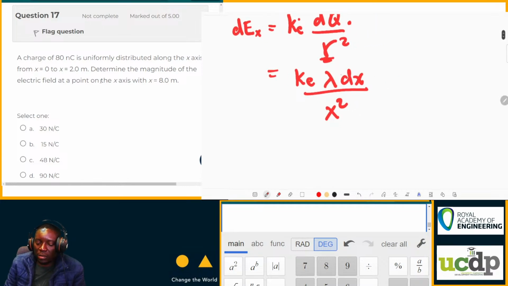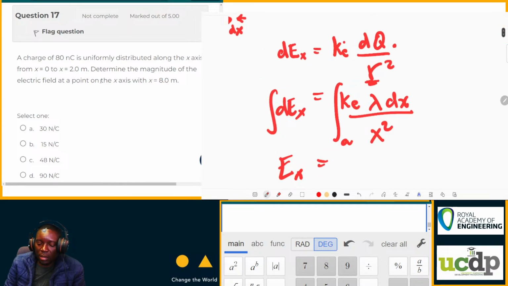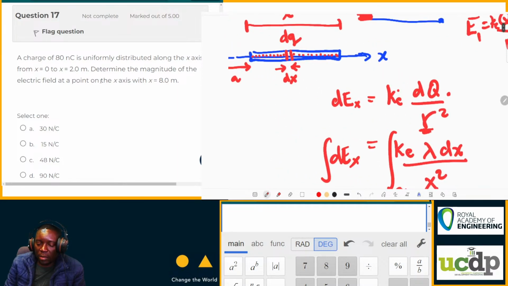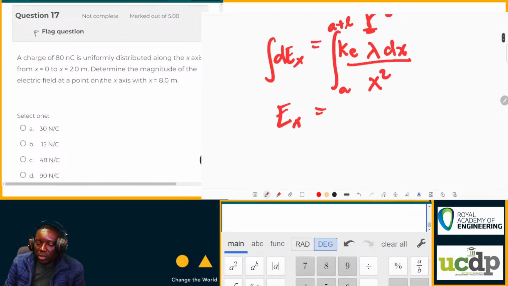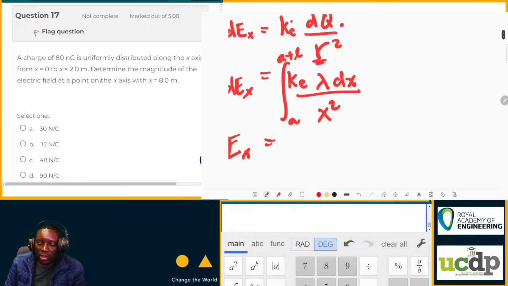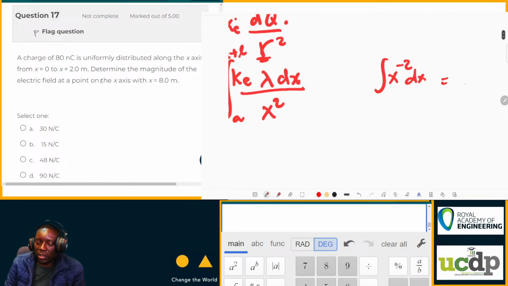So if we do an integral of dEx, it will give us Ex, the electric field in the x, and this integral is from the point A to the point A plus L. So this is dx over x squared, x to the minus 2. If integrated with respect to x, it will give us 1 over minus 1, x to the minus 1.